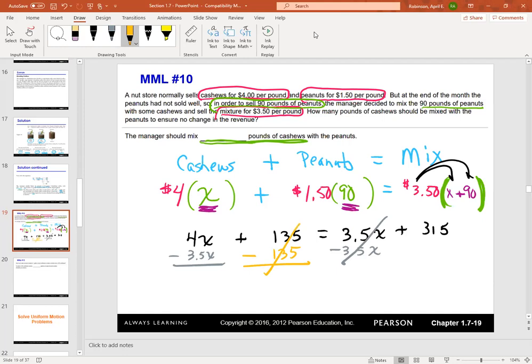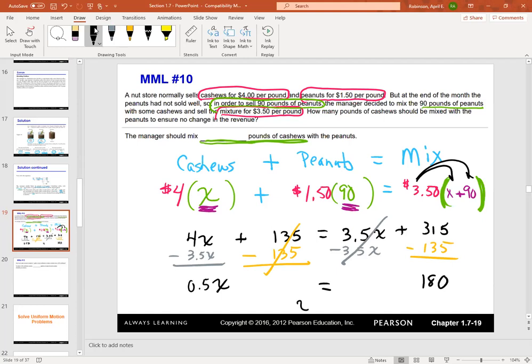That gets rid of that on the left side. So now I have all my X guys on the left and all my non-X guys on the right. So 4X minus 3.5X is 0.5X, and 315 minus 135 is actually 180.